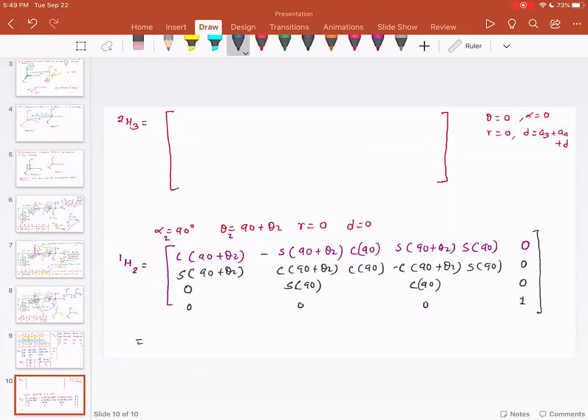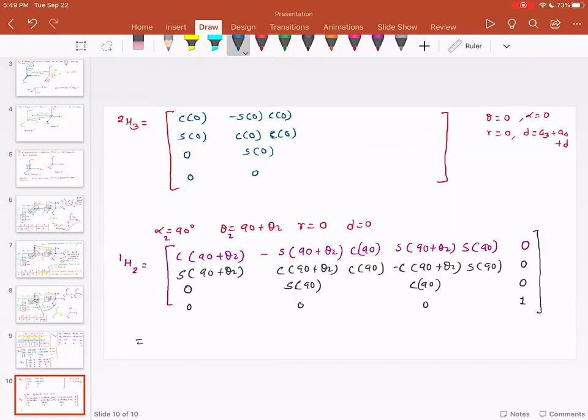This becomes cosine of 0, minus sine of 0, cosine of 0, sine of 0, cosine of 0, cosine of 0, 0, sine of 0, 0, 0.